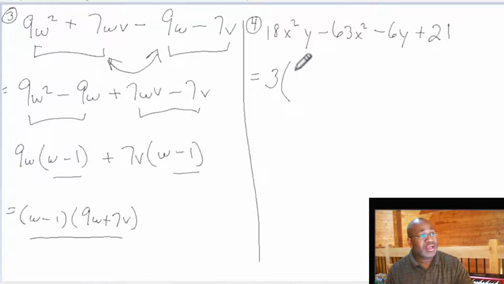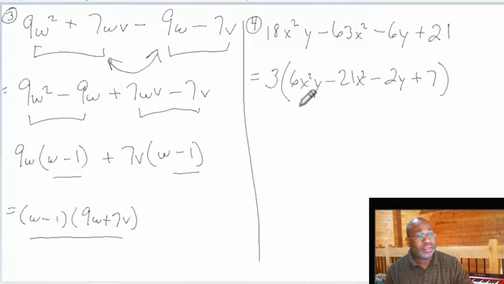We'll have 3 times 6x squared y minus 21x squared minus 2y plus 7. All right, so now we apply the grouping method here, and we're going to pair off the terms. We're going to keep everything in the parentheses.